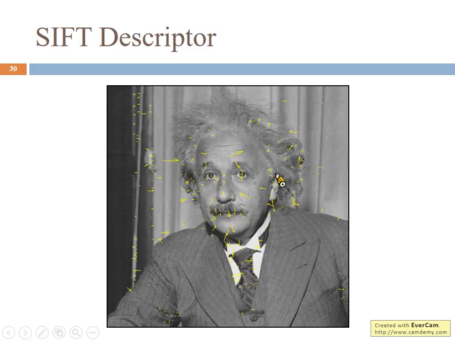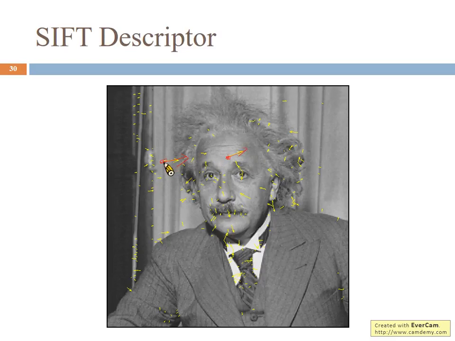So go back to the example. We will see that for the remaining key points, we now estimate the weighted gradient magnitude and the gradient orientation. And then we show the main orientation. Like for this key point, the main orientation is this. The main orientation of this key point is this.